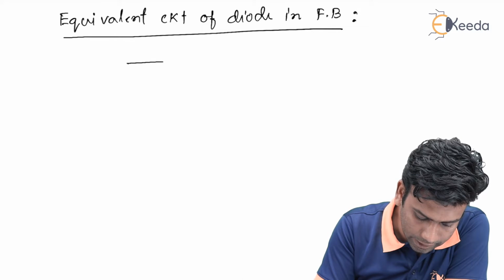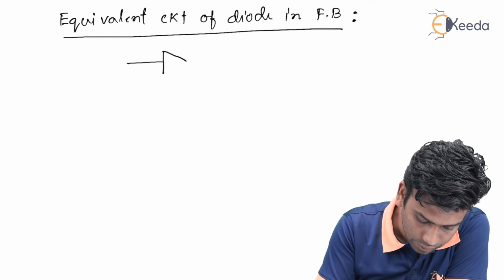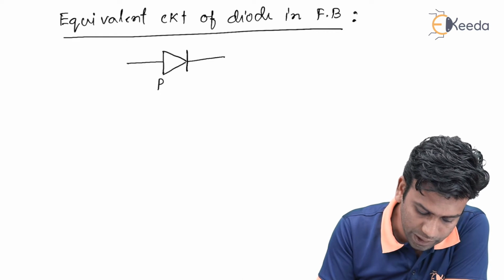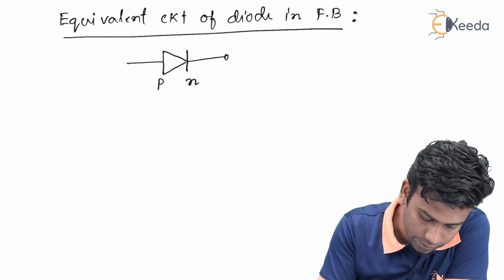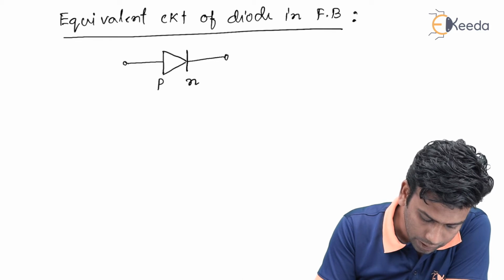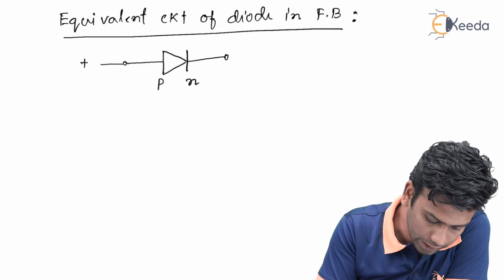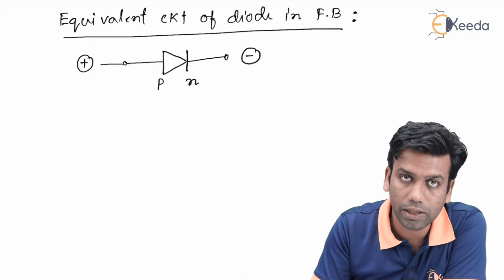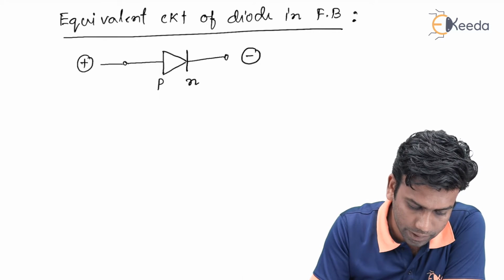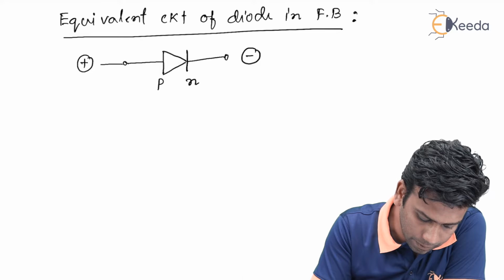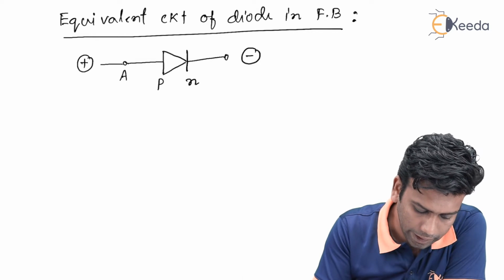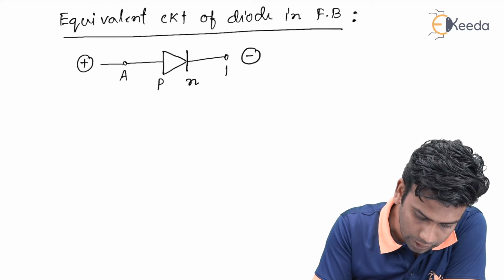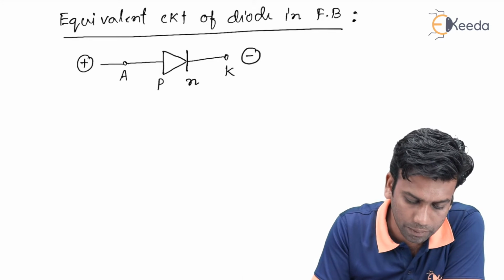Let us take a diode. This is the P side and this is the N side. If we connect a positive potential here and a negative potential here, then the diode will be in forward bias. That's why this terminal is called the anode and this terminal is called the cathode.